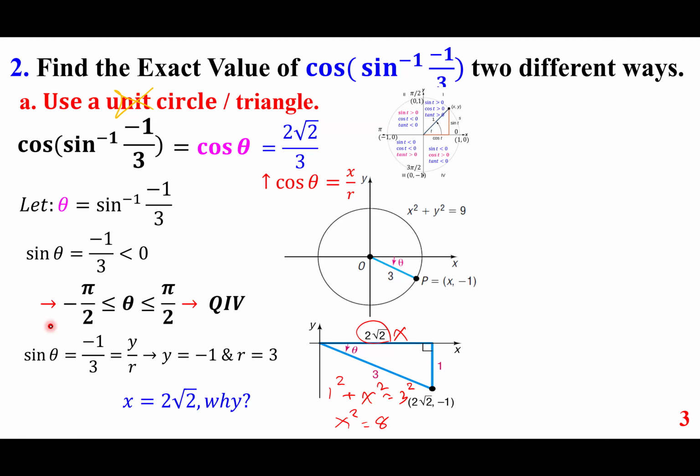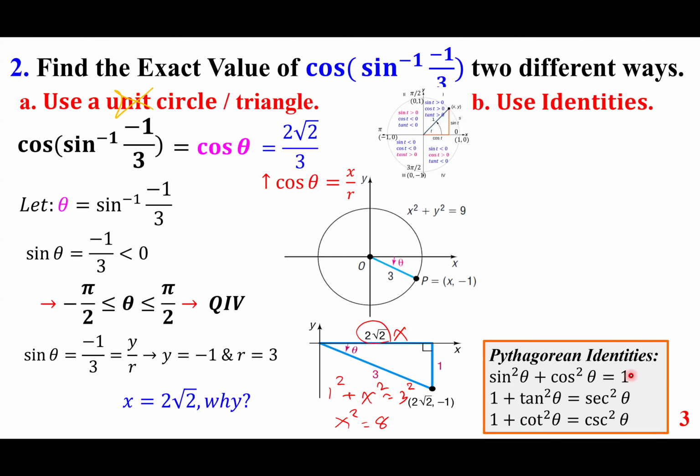The second method is to use identities. Sine is given; find cosine. You know sine squared plus cosine squared is 1. That means sine squared is 1 minus cosine squared, cosine squared is 1 minus sine squared, and so on. And cosine is plus or minus the square root of 1 minus sine squared.